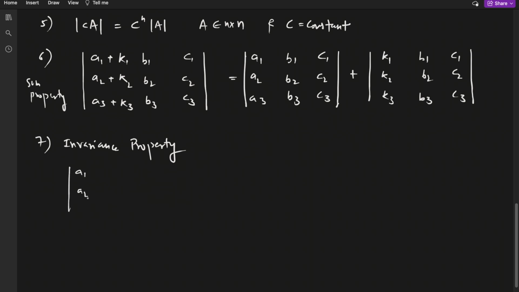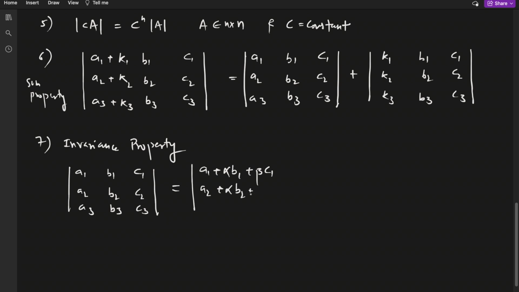If we have A1, A2, A3, B1, B2, B3, C1, C2, C3, these are matrices. So the determinant of this matrix is the same as the determinant of A1 plus some constant alpha times B1 plus beta times C1, A2 plus alpha times B2 plus beta times C2, A3 plus alpha times B3 plus beta times C3, B1, B2, B3, C1, C2, C3.